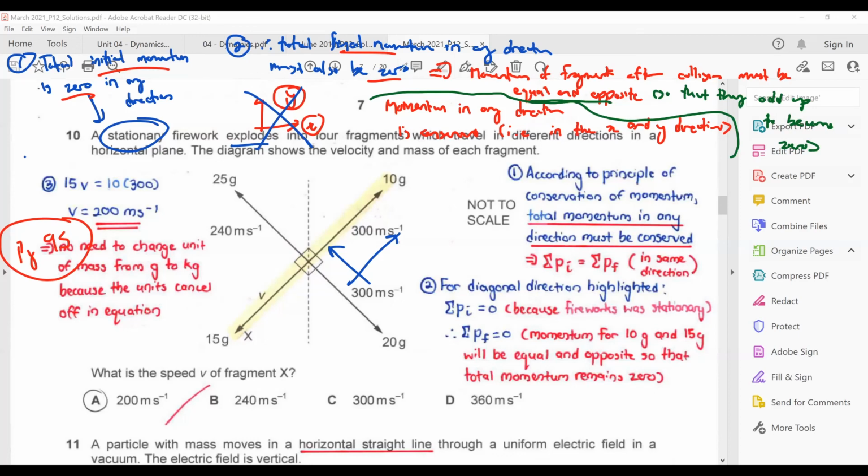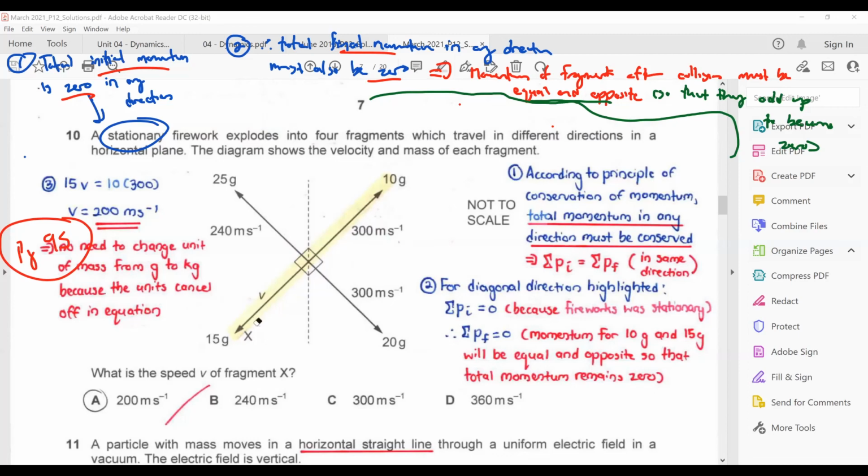So what you can then do here is something like this. Let me just remove all the unnecessary stuff. Because you're more concerned with finding the unknown velocity v here, you just consider momentum along this direction.